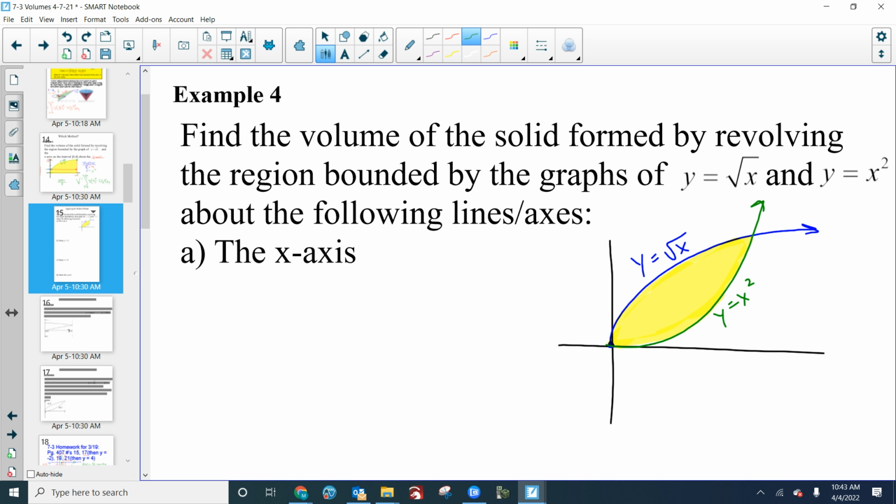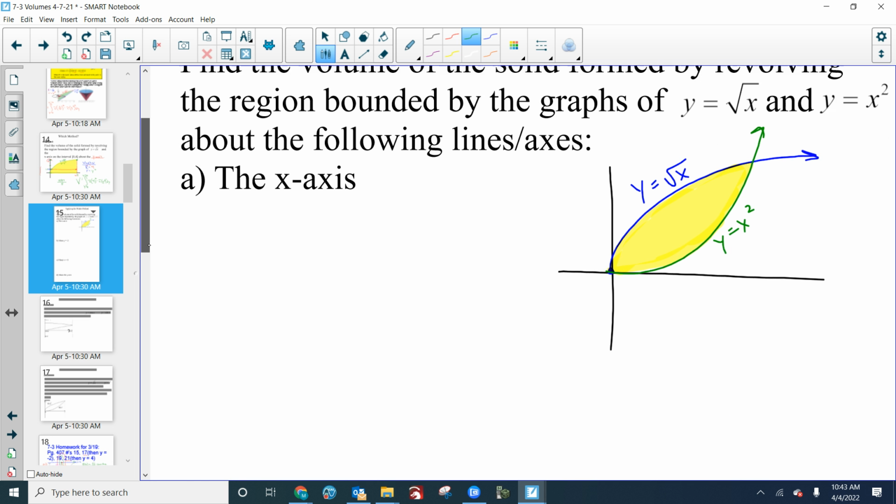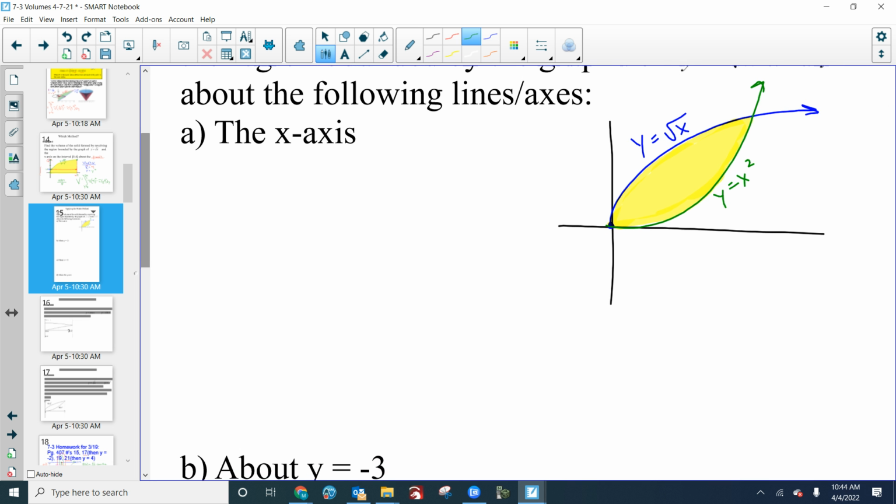Now my first question for you, is there any line you could rotate it around where you will be using the disk method? No. So it's all washer, right? Washer for life. So start off with part A. Part A time. And if you're ambitious, the next one is y equals -3. So spicy.